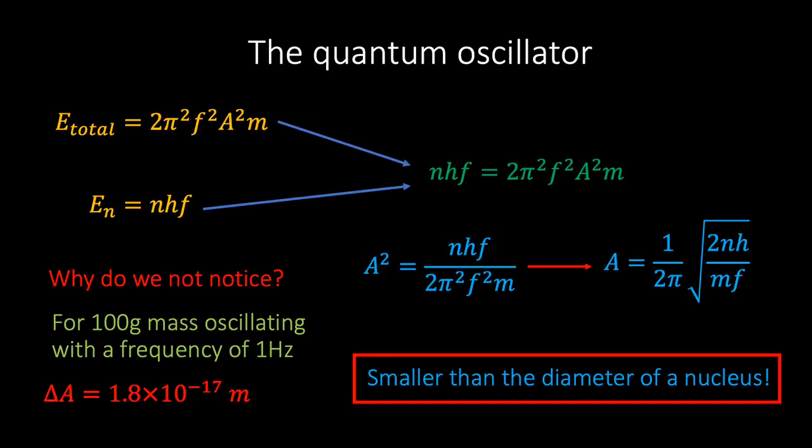In other words, from our perspective, for all intents and purposes the amplitude varies continuously, and so we just don't notice. This is in large part due to the fact that we are considering a macroscopic system. We will shortly see that quantization plays a fundamental role when we consider nature on the smallest of scales.